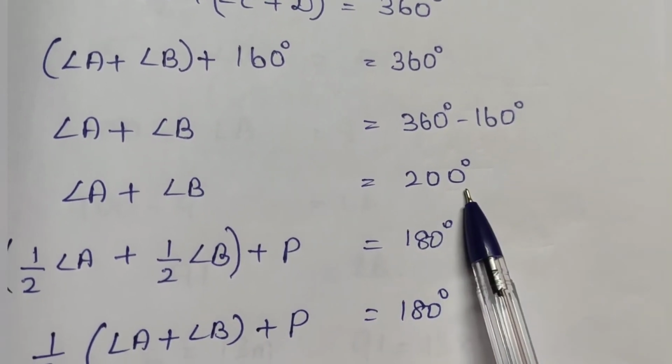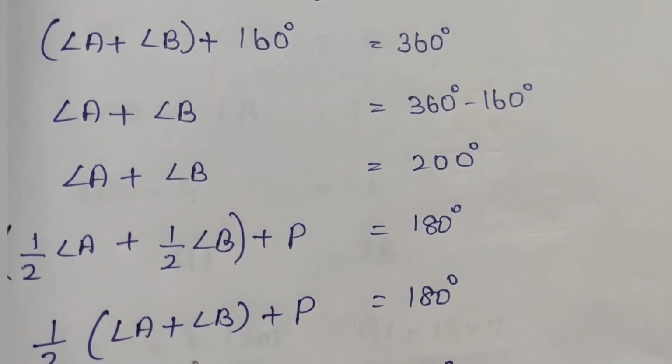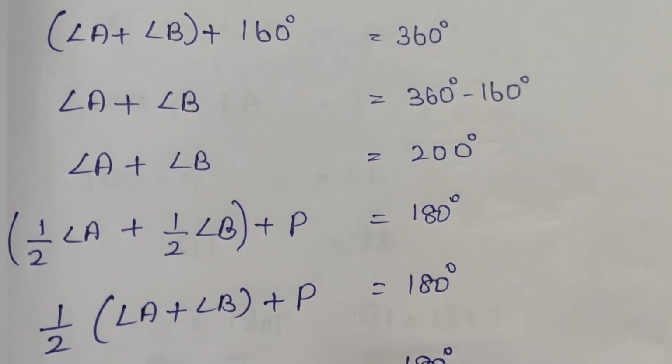Now they are bisecting both angle A and angle B. Lines AP and BP bisect them.